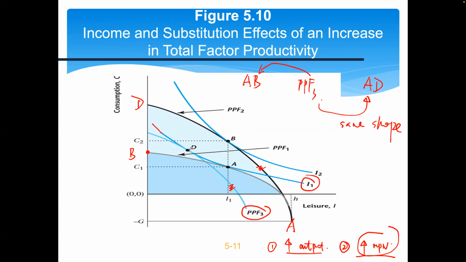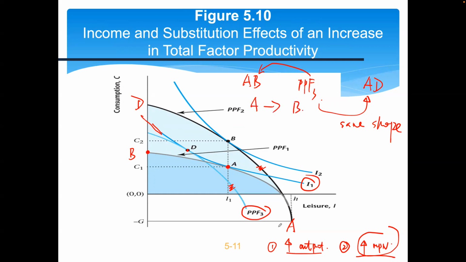What this essentially means is that we draw a PPF3 such that your total income is equivalent to A. Because you should get the same level of indifference. You just change your composition of C and L. So hence you move from A to B.